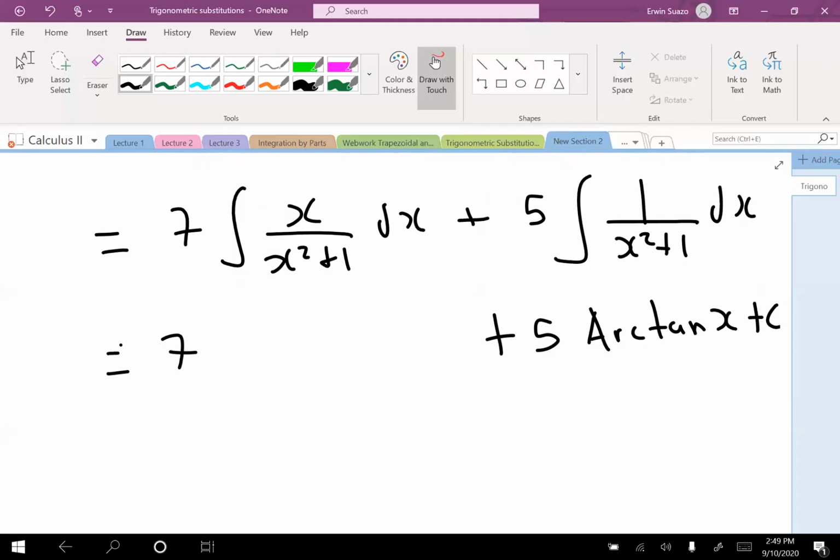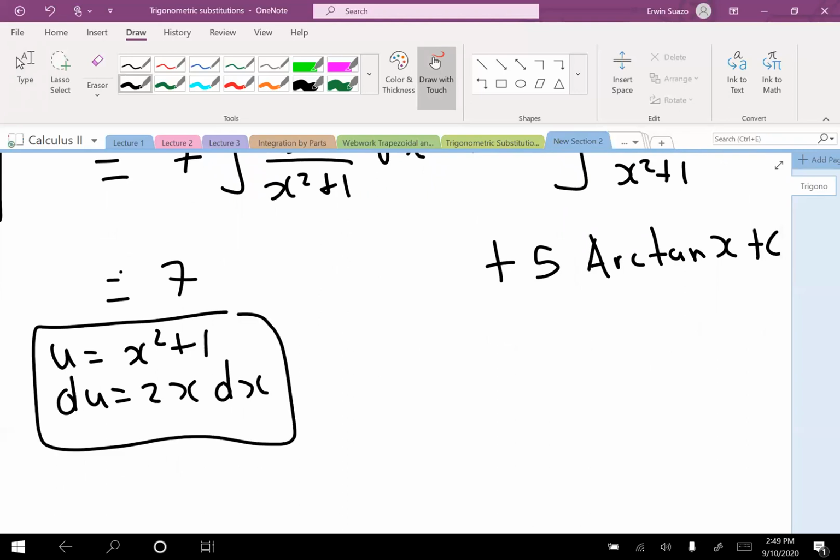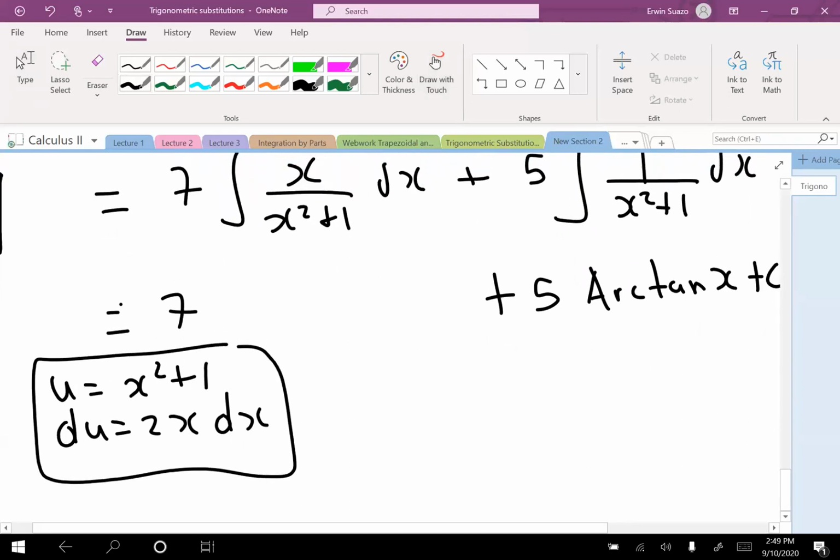So you did like 18 problems of this kind. So let's make u equal x squared plus 1. Then du will be 2x dx, right? So when you replace, we get the integral, and now I can do it faster because you are familiar with this.